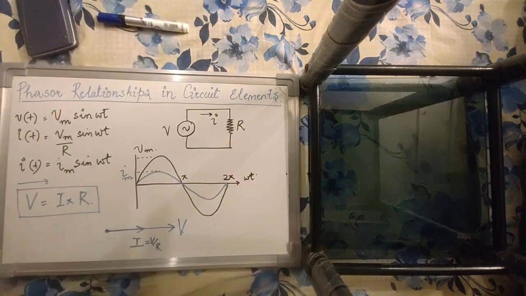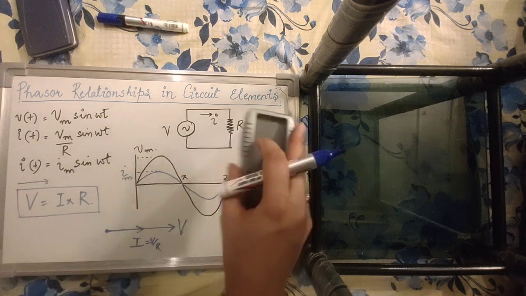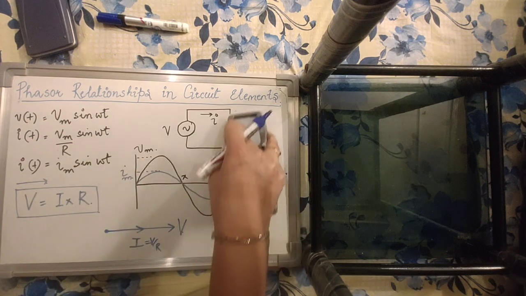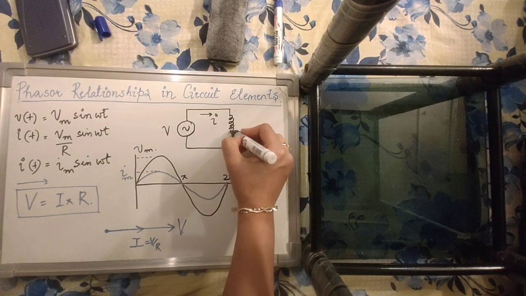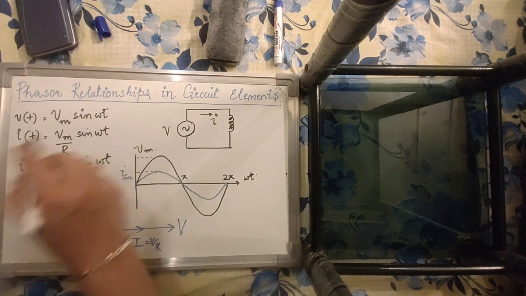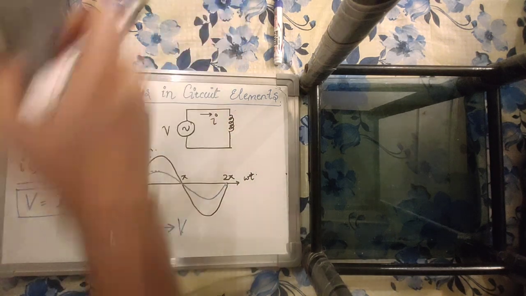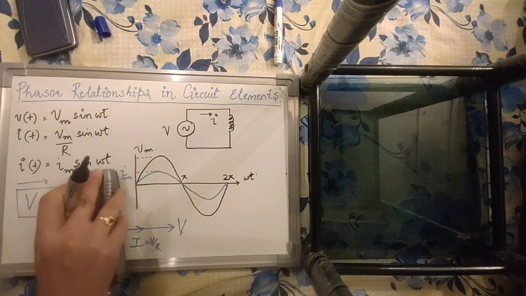But you know that there are other elements, especially when we talk about AC circuits, such as the inductance and capacitance. Let us now consider an inductive circuit excited by the same source, Vt being equal to Vm sin omega t.